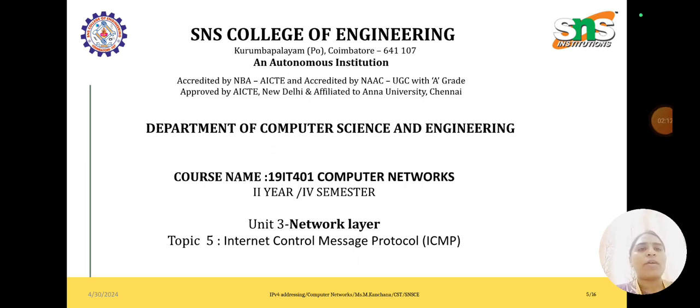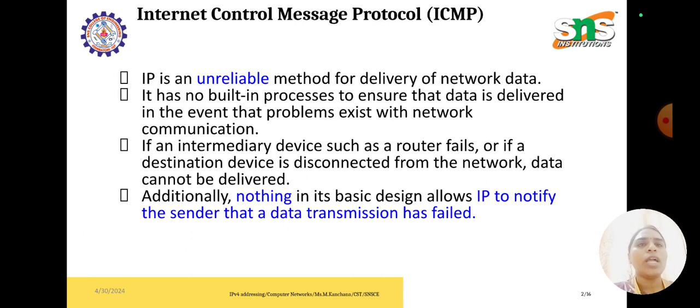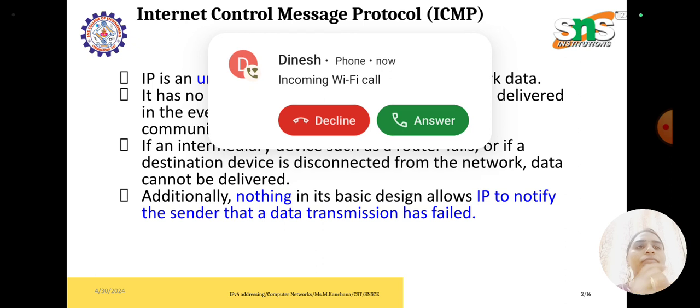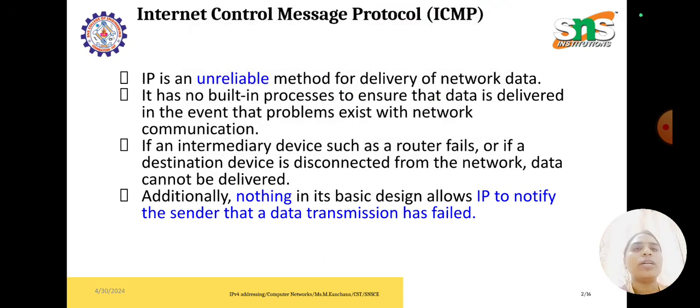Next we are going to see the Internet Control Message Protocol, shortly called ICMP. IP is an unreliable method for delivery over the network. It has no built-in process to ensure the data is delivered in the event that a problem exists with the network communication.